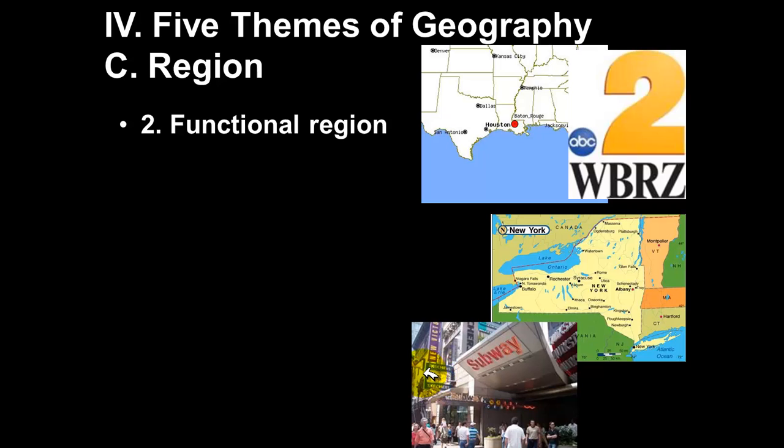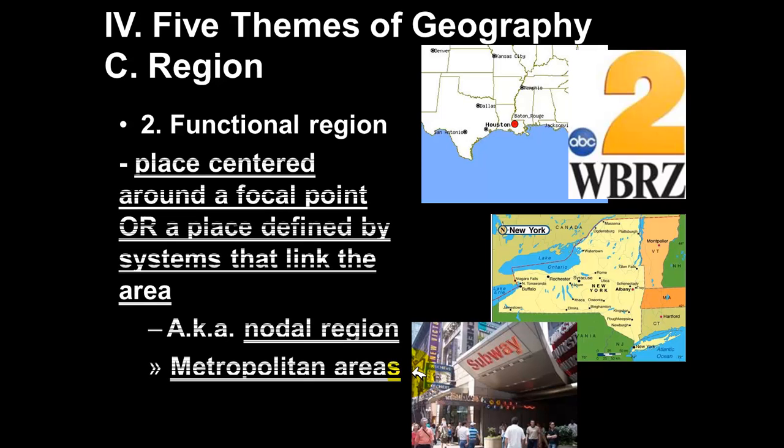Number two, the second type of region is a functional region. A functional region is just a region centered around a focal point or a place defined by systems that link the area. Otherwise known as a nodal region, this occurs a lot in metropolitan areas. Before, I used the example of Baton Rouge and New Orleans sharing a railroad.